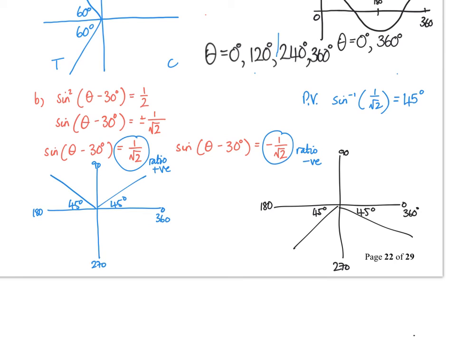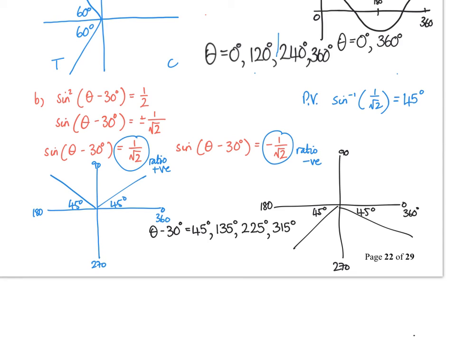So that means that we can work out theta minus 30 degrees is equal to 45. Then it's 180 take away 45, which is 135. 180 plus 45, which is 225. And then 360 minus 45 is 315.